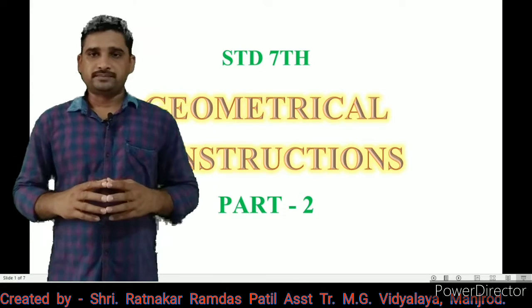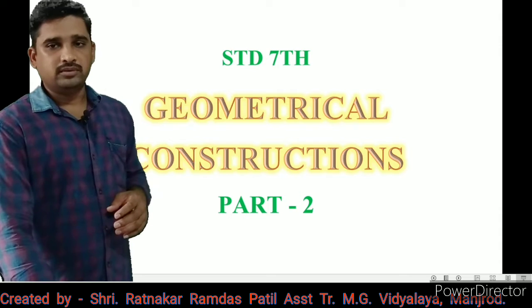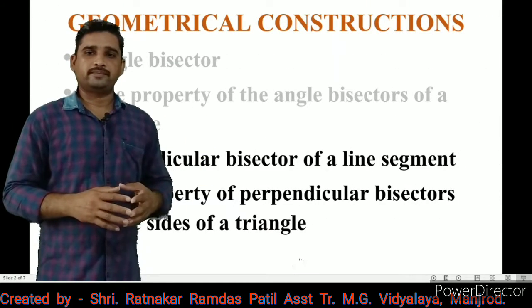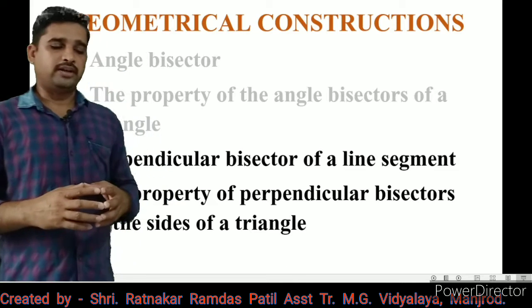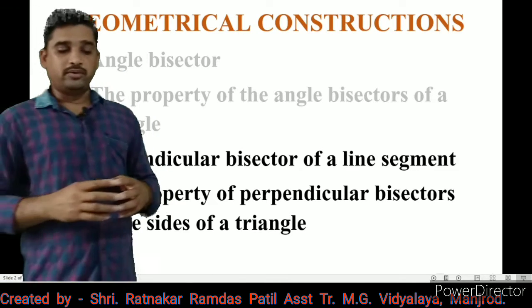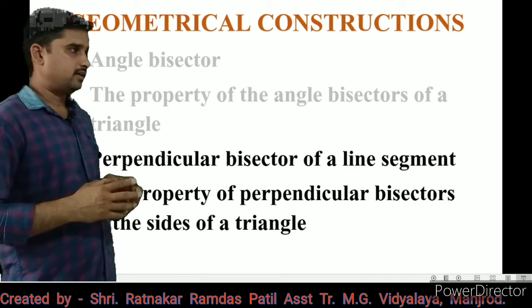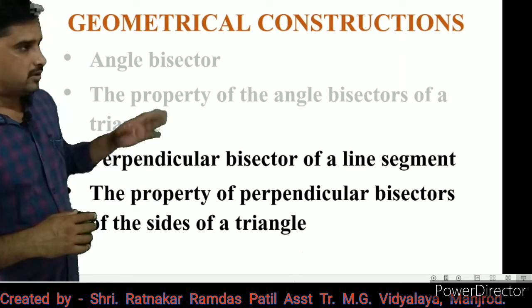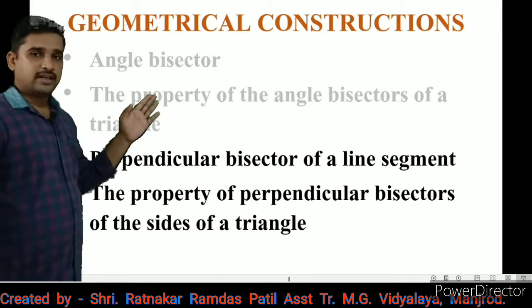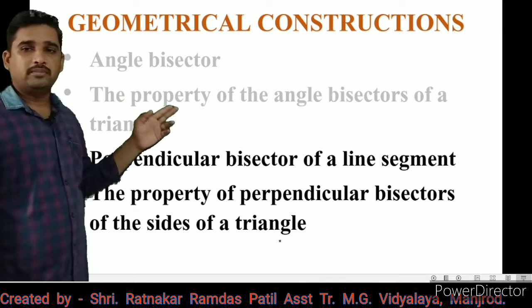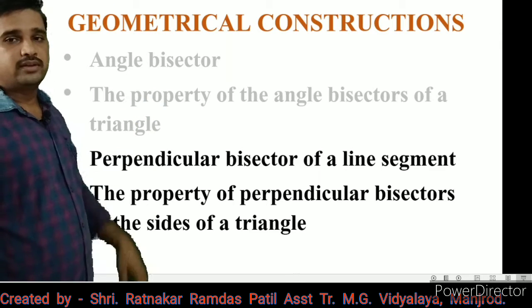In this chapter we learn about the second property. In the first part we learned about the angle bisector and the property of the angle bisector of a triangle, and in this part we learn about the perpendicular bisector of a line segment and the property of the perpendicular bisector of the sides of a triangle.